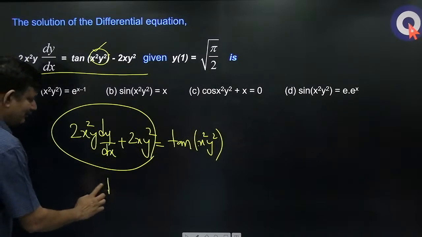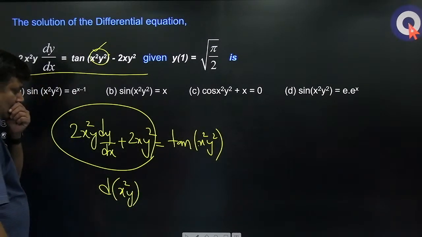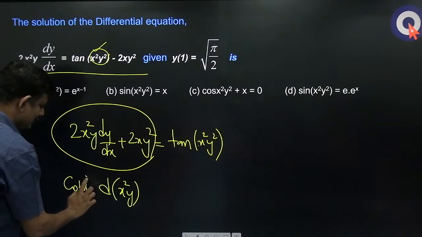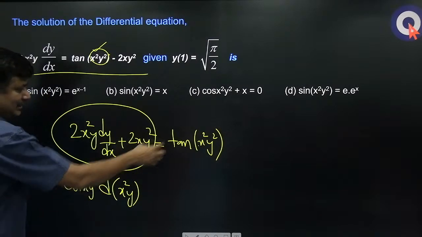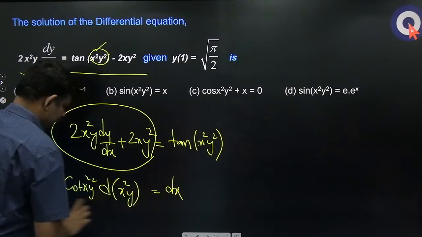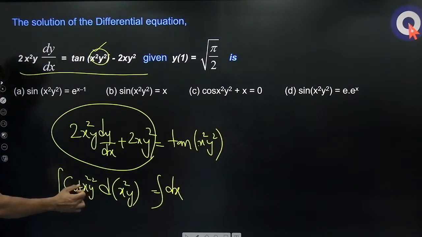This is derivative of x square y square. tan को इधर लेके आता हूं, cot x square y square. dx को उधर लेके जाता हूं, so call x square y square t.